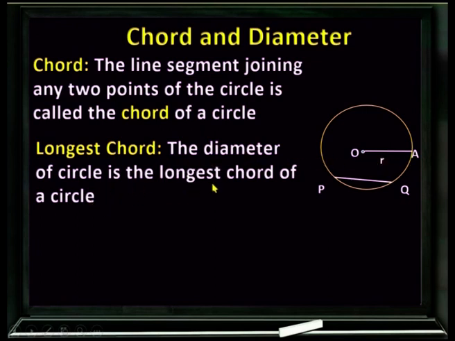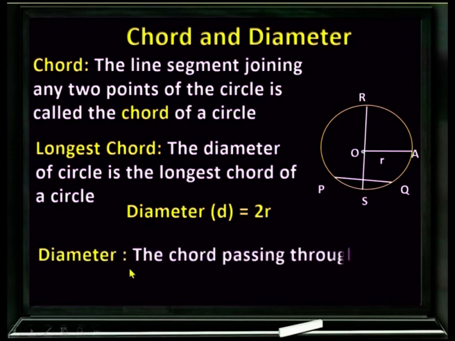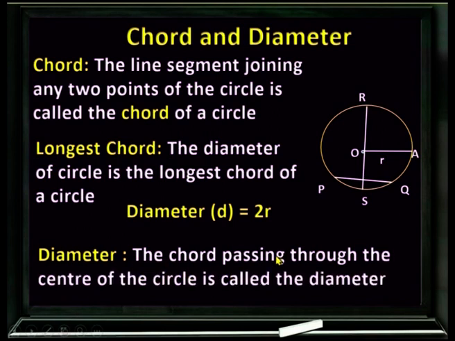We all know that the diameter is always equal to 2 times the radius, or else we can say half of the diameter is called the radius. So, what is the diameter? The chord passing through the center of the circle is called the diameter, and the midpoint of the diameter is always the center.